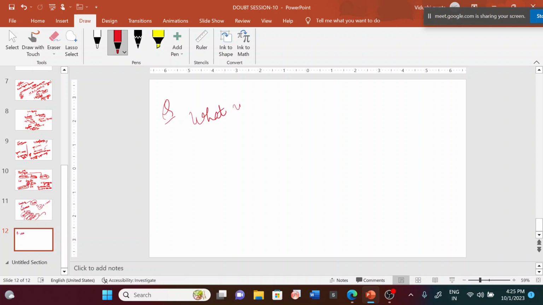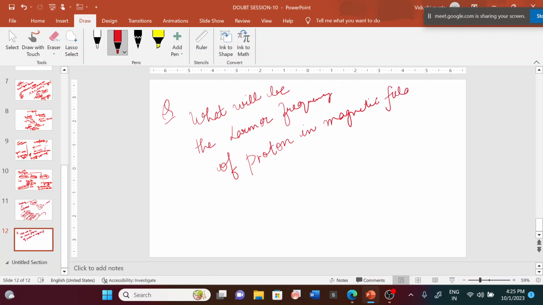What will be the Larmor frequency of a proton in a magnetic field of 1.41 Tesla, suppose. Provided the gyromagnetic ratio is given.